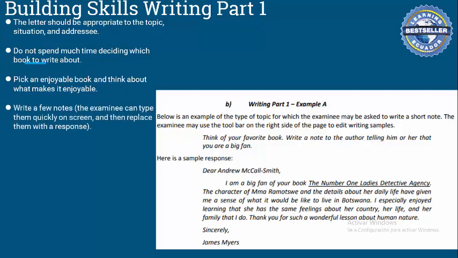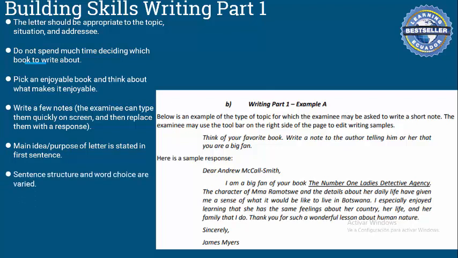Write a few notes. You can type them quickly on the screen and then replace them with a response. Main idea and purpose of letter is stated in the first sentence. Sentence structure and word choice are varied. This is very important, so your writing will not be boring. The message is clear.